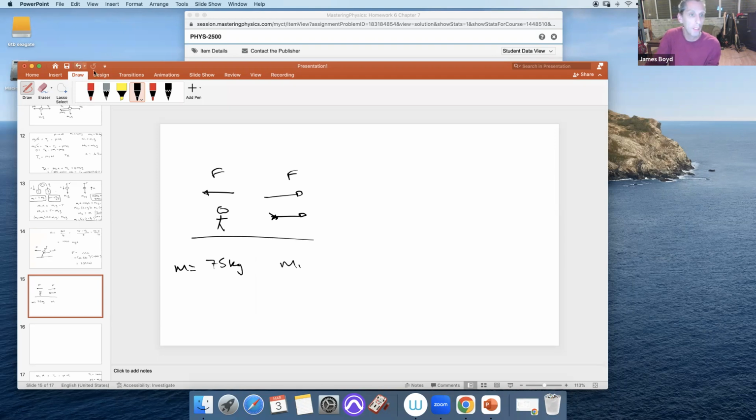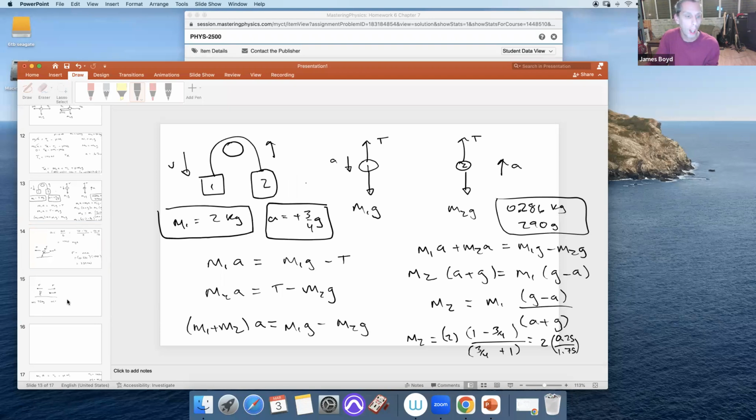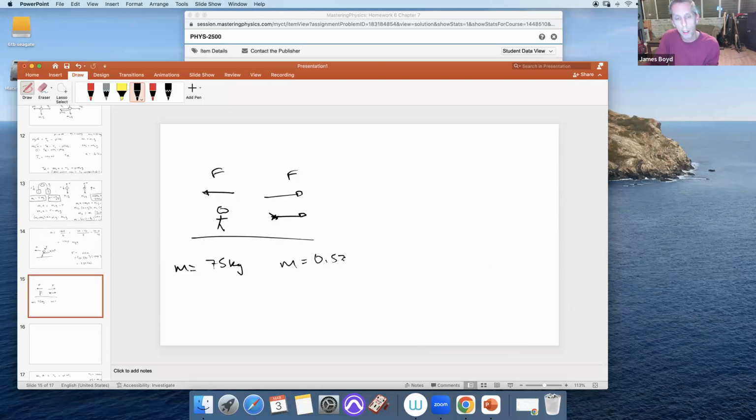The mass of the arrow was 0.53 kilograms. And the acceleration was the change of velocity over t, which was 110 meters per second divided by 0.25 seconds, or 440 meters per second squared.